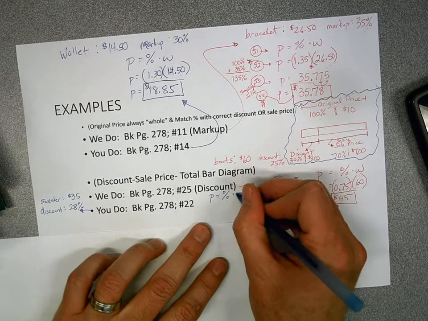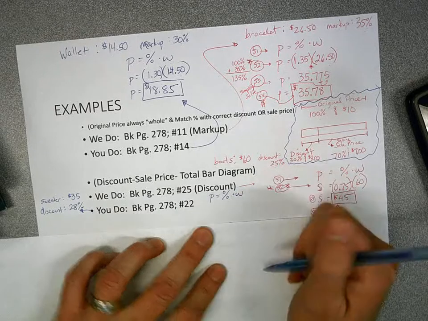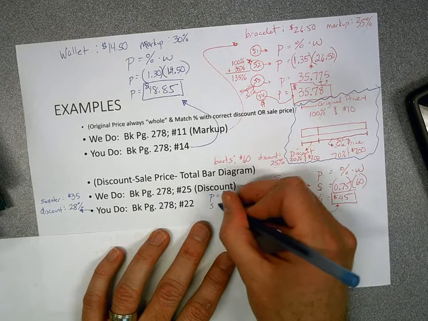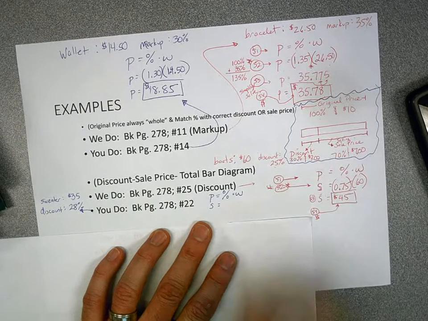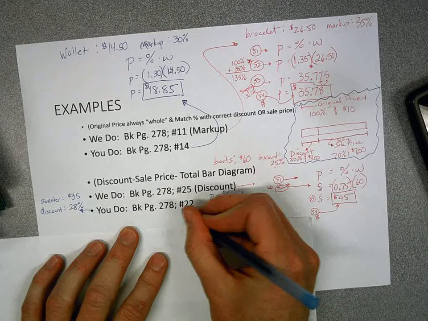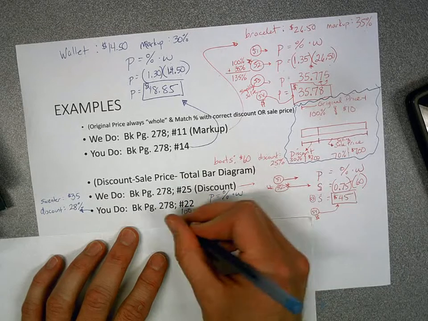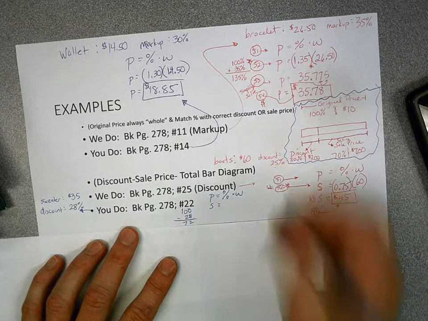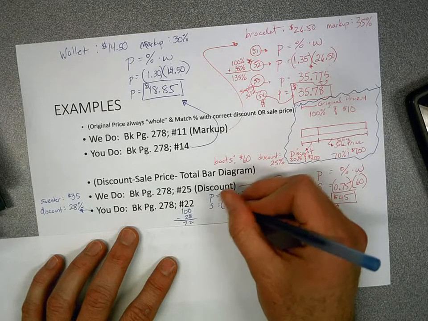Same kind of problem. We're still finding the selling price, so I'm going to put S there for me to remember. I cannot plug in the discount of 28%. I need to plug in 100 minus 28. Most of us can do this in our head, right? 72. I'm going to plug in 72%. So as a decimal, 0.72.